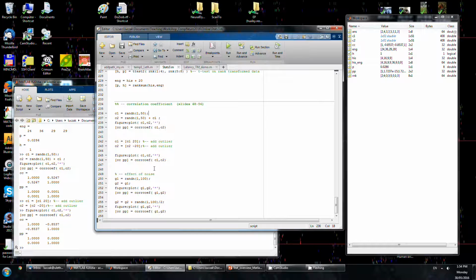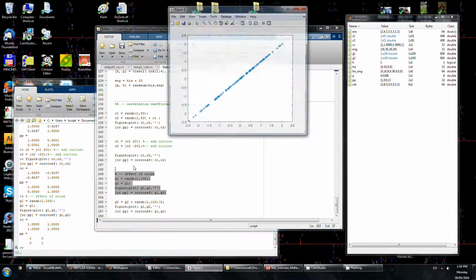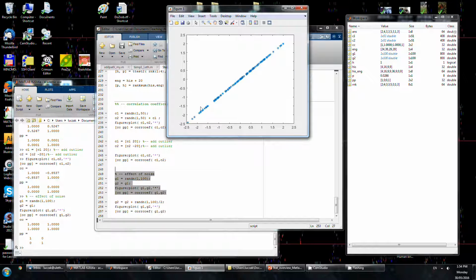Also, I mentioned that noise can affect the measured correlation between two variables. Let's say here I have two variables which are completely correlated; they are exactly the same copy. So G2 is equal to G1, both values are identical, and the correlation coefficient between them is 1.